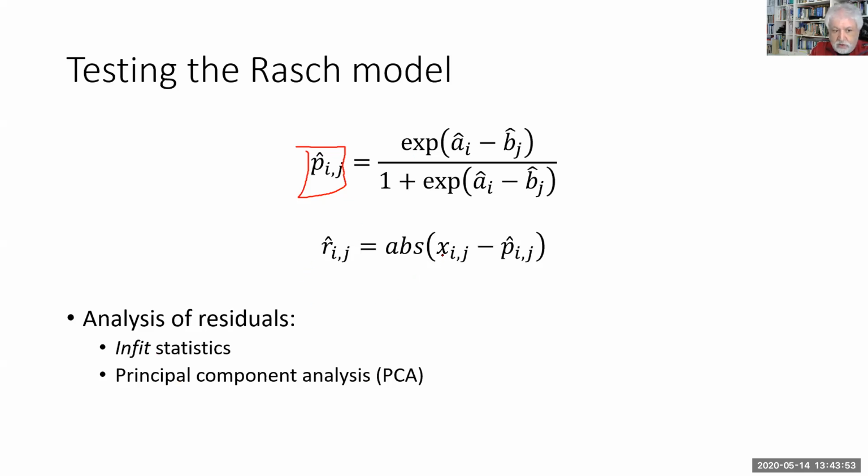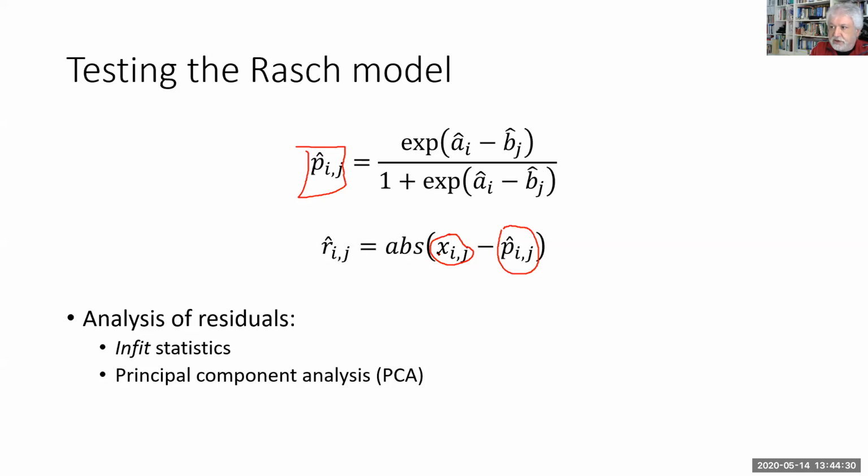Then, what if I now compare the actual response? This is the data. It's either 1, meaning yes, or 0, meaning no. I compare the actual response with the expected probability of yes, which is what I just calculated. Now, what may happen? I observe yes.